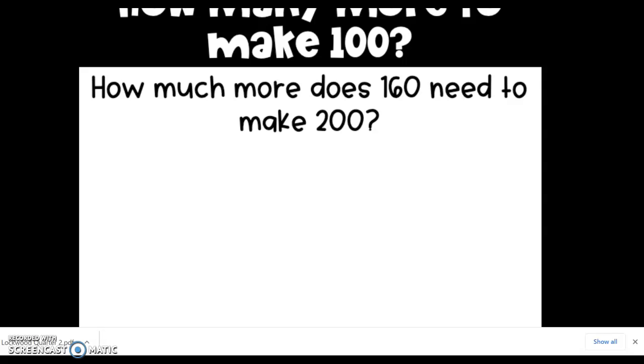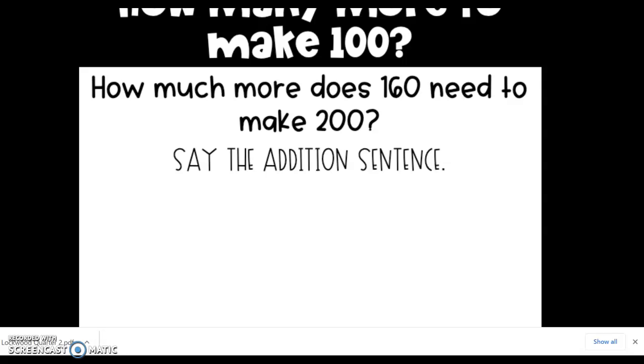How much more does 160 need to make 200? 40. That's right. Say the addition sentence. 160 plus 40 equals 200.